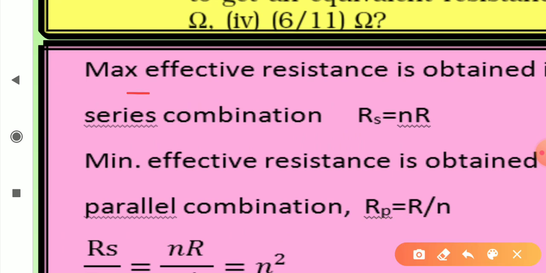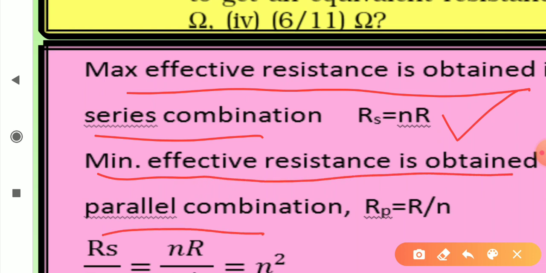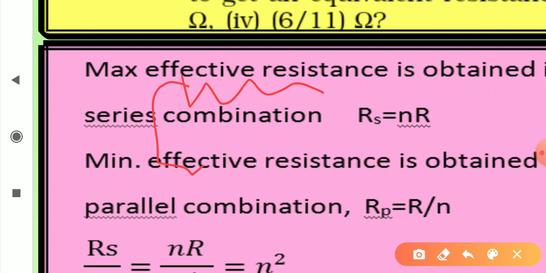So maximum effective resistance is obtained in series combination, as RS is nR, because you have added R n times. Minimum effective resistance is obtained in parallel combination. So RP is R upon n. Okay, so see, in a parallel combination, if you connect two equal resistances it becomes R by 2.